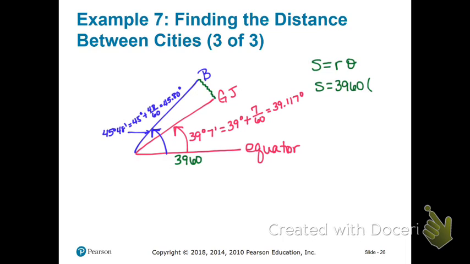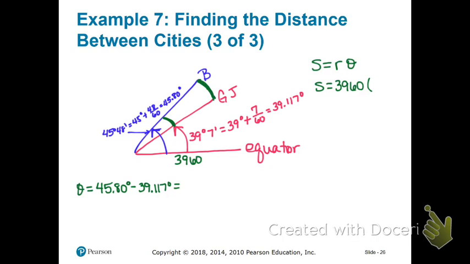times our angle. Well, we're only after the arc length between Billings and Grand Junction, so I only need that little angle right there. And so I can find that angle by subtracting the other two. So my angle that I'm looking for is going to be 45.80 degrees minus the 39.117 degrees.